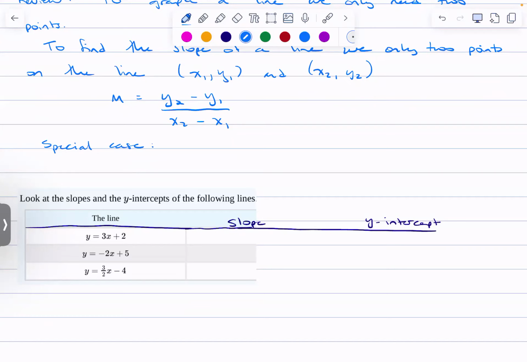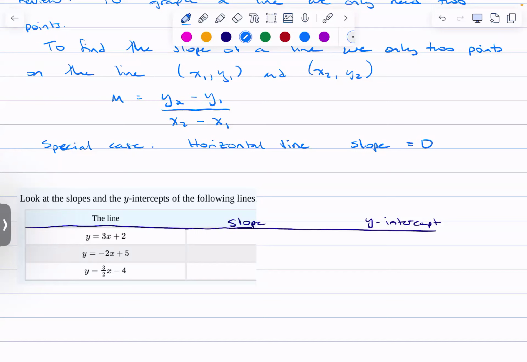It would have a slope of 0. The rise is whatever the y is minus whatever the y is, it stays the same for both points, and so your rise is 0. 0 divided by anything is going to be 0, and so the slope is 0 for a horizontal line.